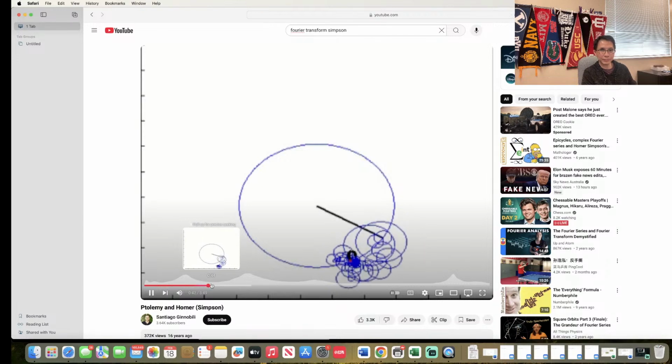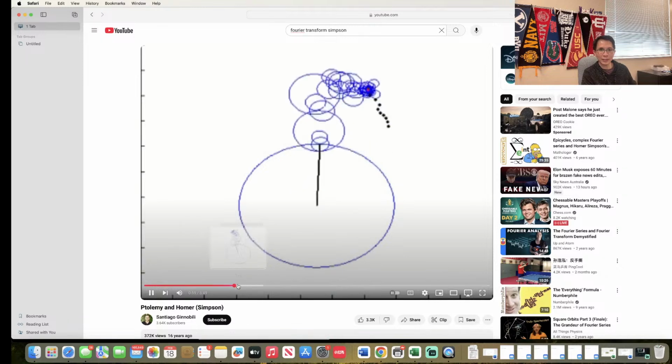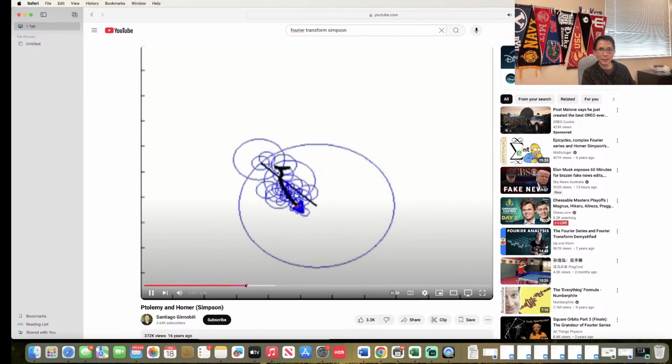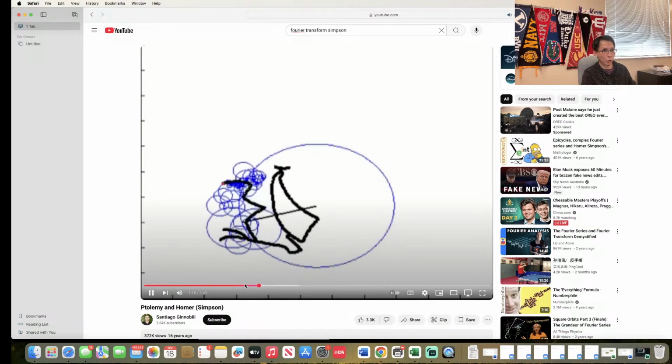It's not started yet. Sorry, it's not started yet. Oh, starting. All different types of sine functions put together.